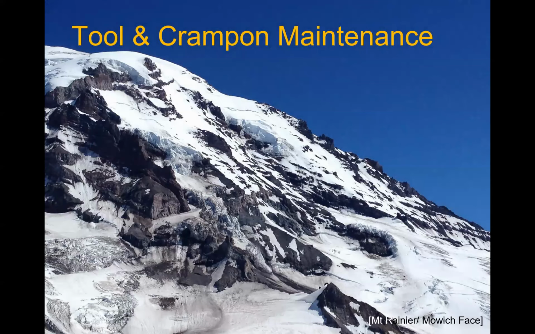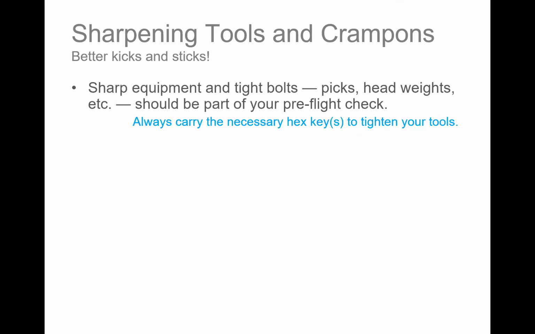I'm just going to go over a little bit about tool and crampon maintenance, and this is really just about sharpening tools and crampons. The goal is that if your tools are sharp, everything performs better for you. The first thing, before you even go out, is if you have removable picks on your axe, make sure that everything is sharp and all the bolts are tightened up.